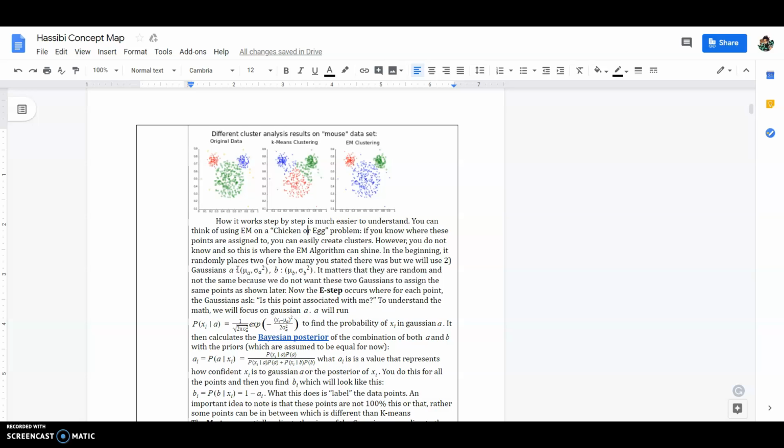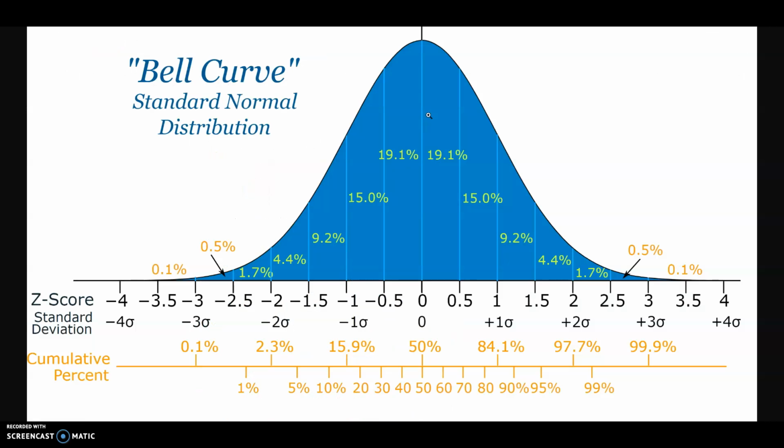So what are Gaussians? Gaussians are basically just bell curves, and here's an image of a bell curve. You can see here, right dab in the middle, this is the mean of the Gaussian. The mean can be any value, really, and it can be shifted to the left, right, whatever, and it can be changed, as well as the standard deviation, which is the difference between these two little lines, which is like 0.5.